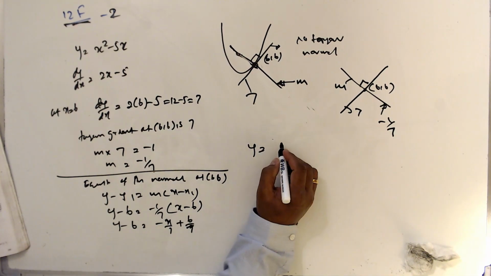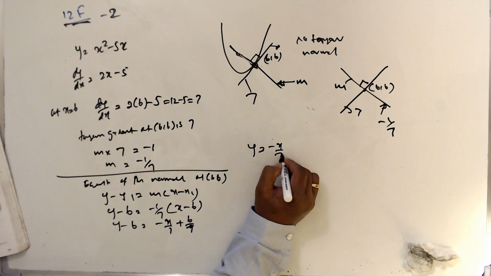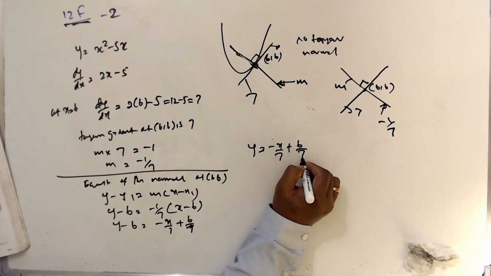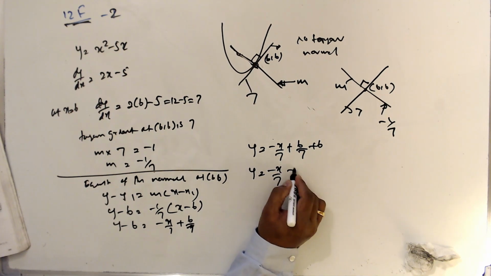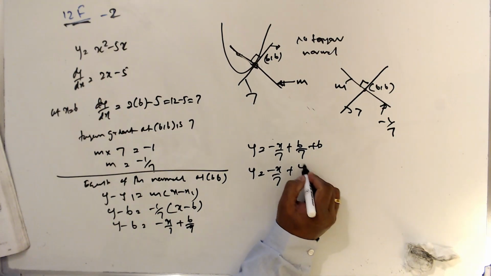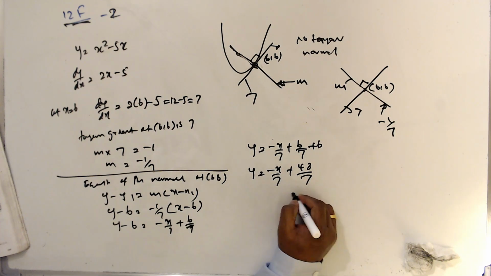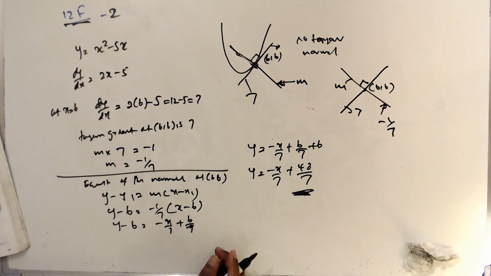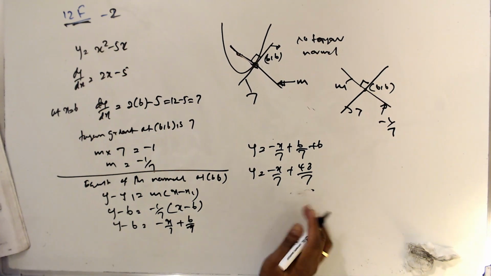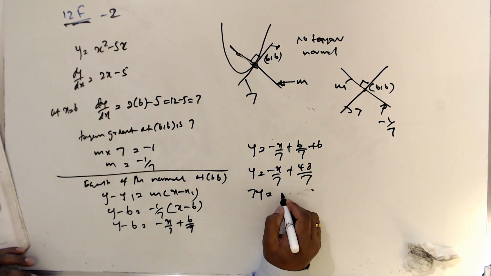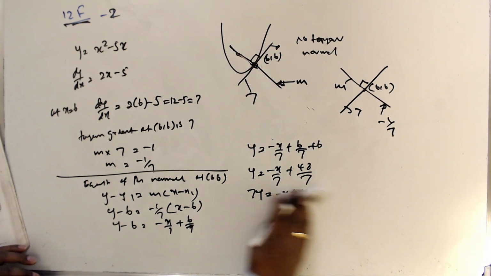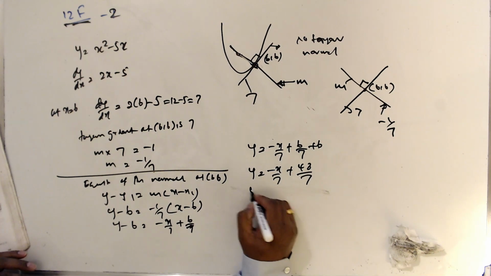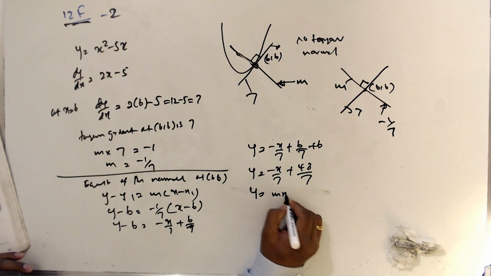Y equal minus x over 7 plus 6 over 7 plus 6. Y equal minus x over 7, plus 48 over 7. Let me see whether my calculation is right again. Yeah, looks okay. So this is 7y equal minus x plus 48. Actually, we can write this in the form y equal mx plus c.